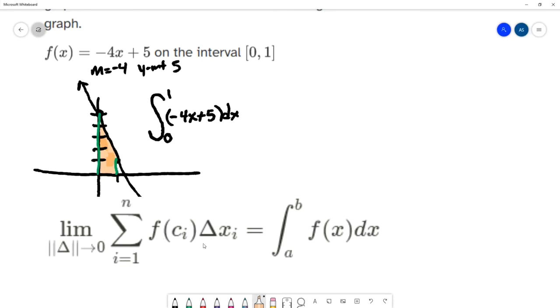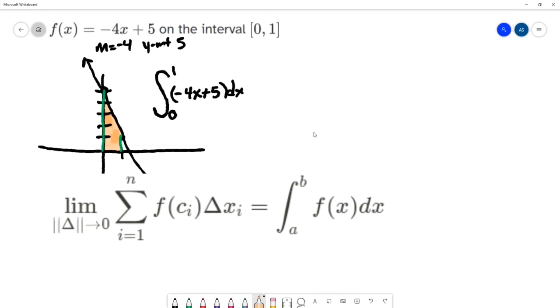So it's going to take a little bit of work to set this up properly. So let's figure out what these different pieces mean. We're going to simplify the definition just a little bit. So let's start with what these different components stand for.